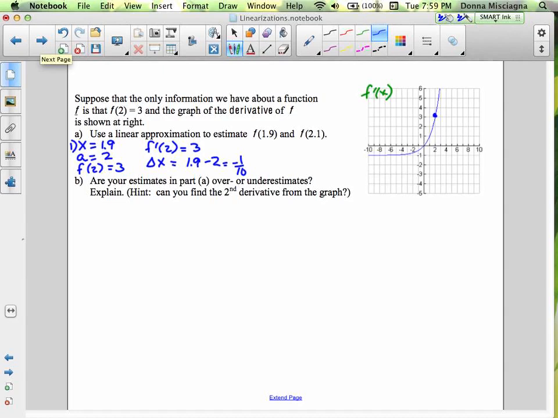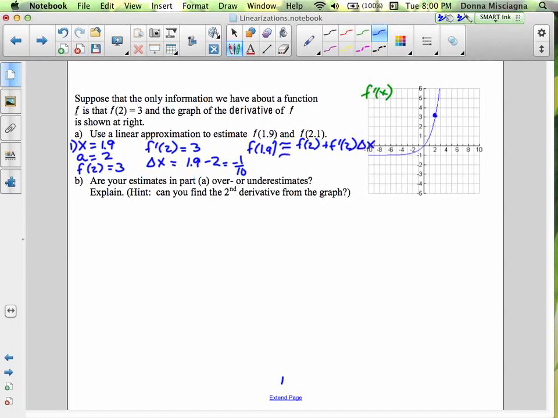All right, so now I'll just put it up here and then I'll do the other value below. All right, so our linear approximation model, I'll just use f. f of 1.9 is going to be approximately f of 2 plus f prime of 2 times the change in x.